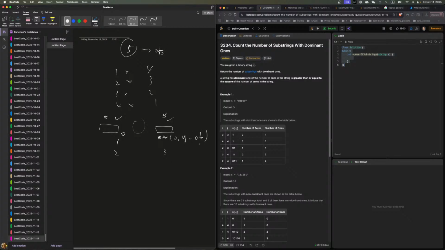And then if it's 1, then it's going to be the max of 0 and y minus OB minus 1. And I have 2, it's going to be max of 0 and y minus OB minus 2. Right, and then eventually it's going to be x. And then this is going to be a maximum of 0 and a y minus OB minus x.